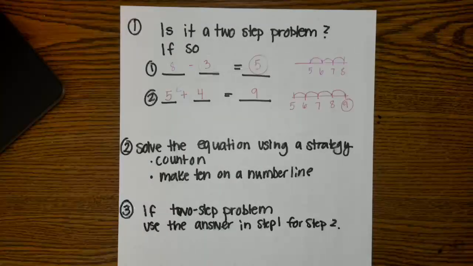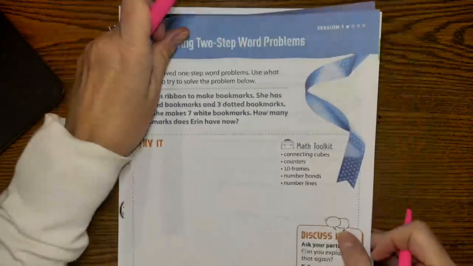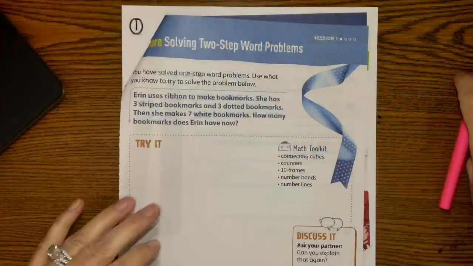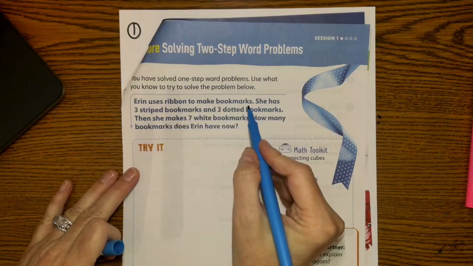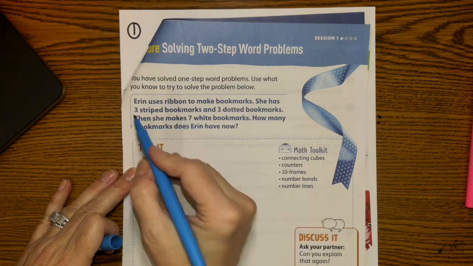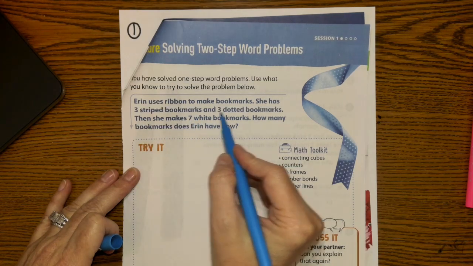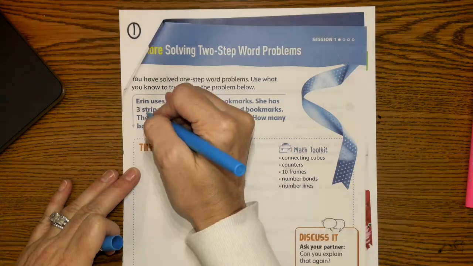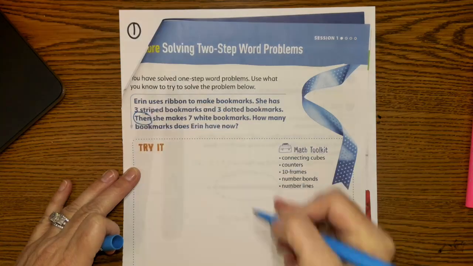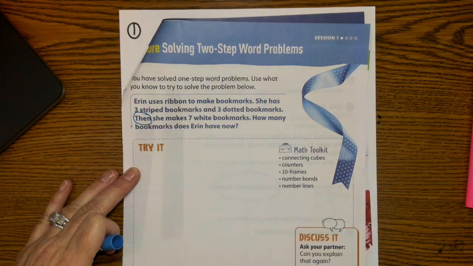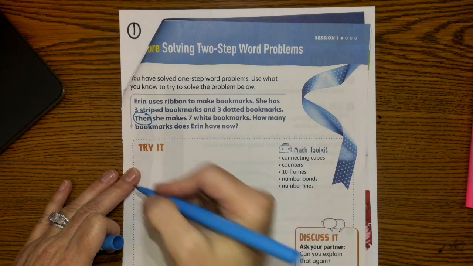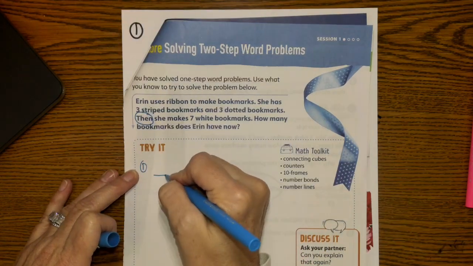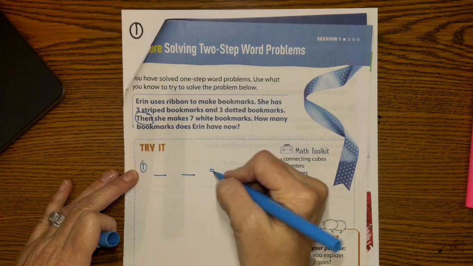I'll walk you through one more real quick. This is what we did today on the blue pages. So Erin uses a ribbon to make bookmarks. She has 3 striped bookmarks and 3 dotted bookmarks. Then, there's that magic word again, she makes 7 white. So that's telling you she has 2 steps. So step 1, line, line equals line.